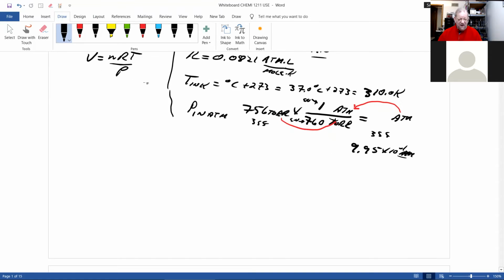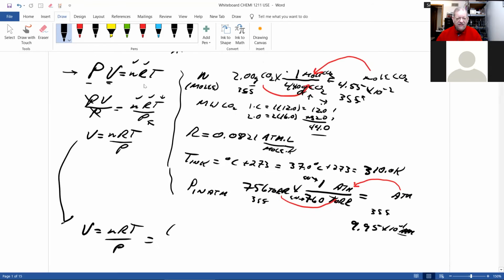And am I done? No. I now have to put in the values. All right, for n, we got 4.55 times 10 to the minus 2 moles. R is 0.0, and this is given to you in important information, test number 3.